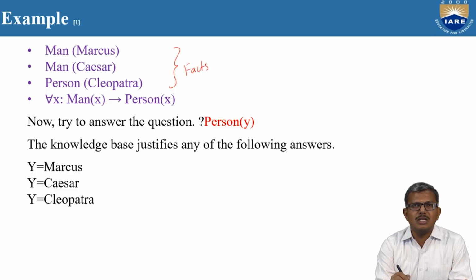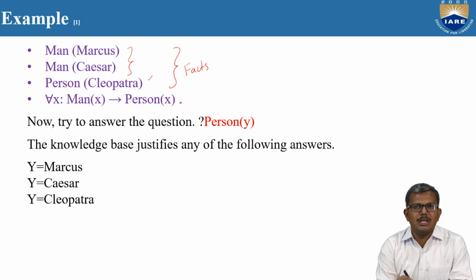Facts are nothing but general statements about a particular domain. It is saying that Marcus and Caesar are men and Cleopatra is a person. So in terms of facts, these two will be of one kind and this will be of another kind. Why? Because these are just declarative sentences.